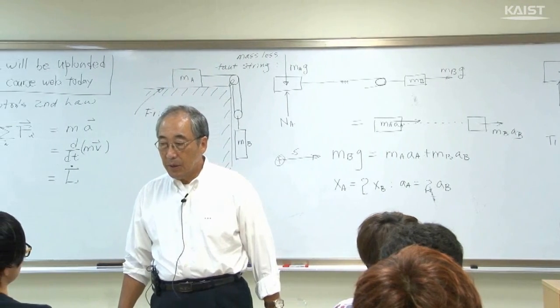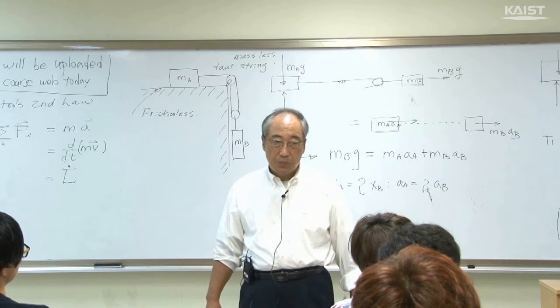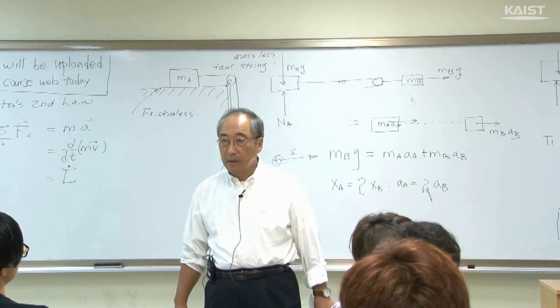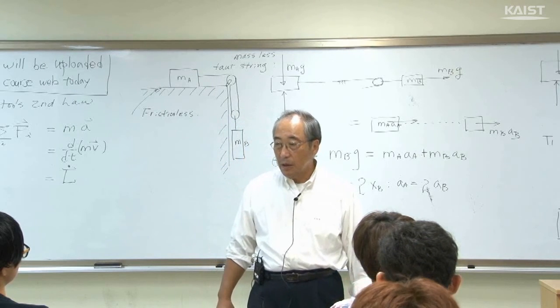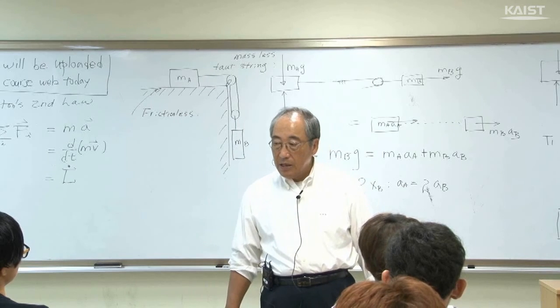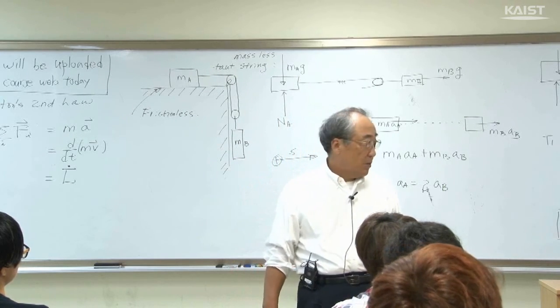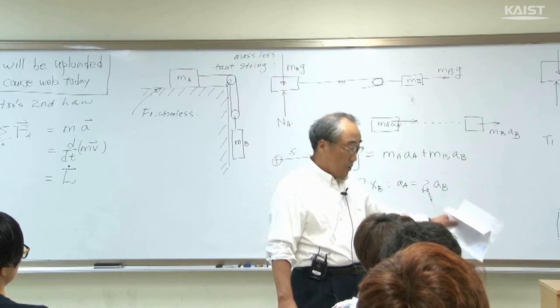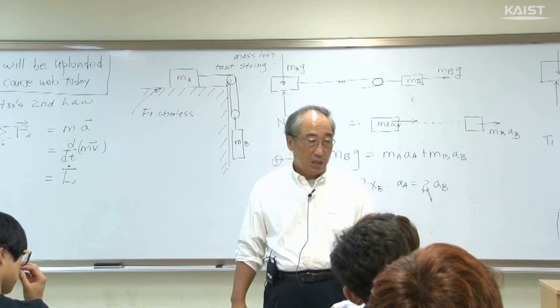So it seems to me the solution I got is pretty okay. And if you plug in the numbers given in the text, that is MA is 100 kilograms and MB is 300 kilograms, then you get the same result that you can see in the text.